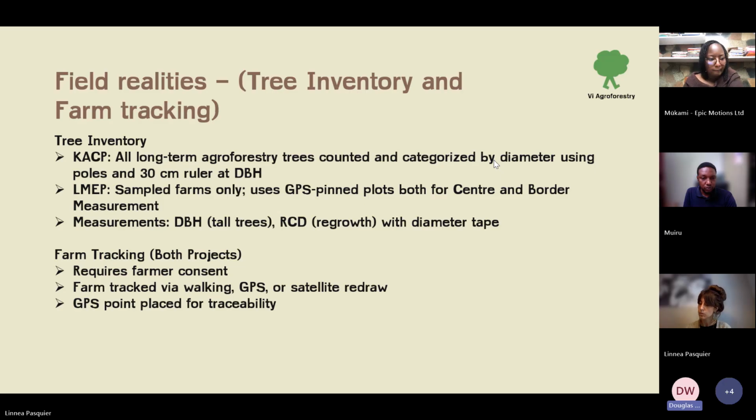Farm tracking can either be done by just walking around the farm or by placing GPS points, where you tap the points to get the shape of the land, or you can use the satellite to redraw the shape of the land. With farm tracking, we also place GPS points on those particular farms for traceability purposes, so that once we are done and we want to relocate that farm, it is easy to do that. Next slide.